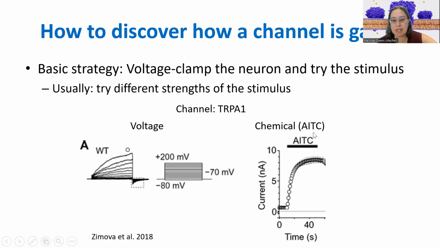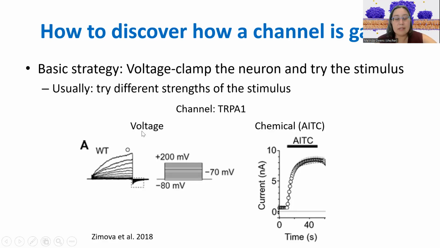They applied this chemical AITC, and they applied it during this time when the bar is shown, and they did voltage clamping, and they saw that the current went up when the chemical was applied. So that implies that the chemical is causing the channel to open. That's why there is current coming through. The current is not zero, the current is coming through. This happens to be a positive current because of the nature of the ion that's going through. You'd have to do more work to figure out what ion is coming through.